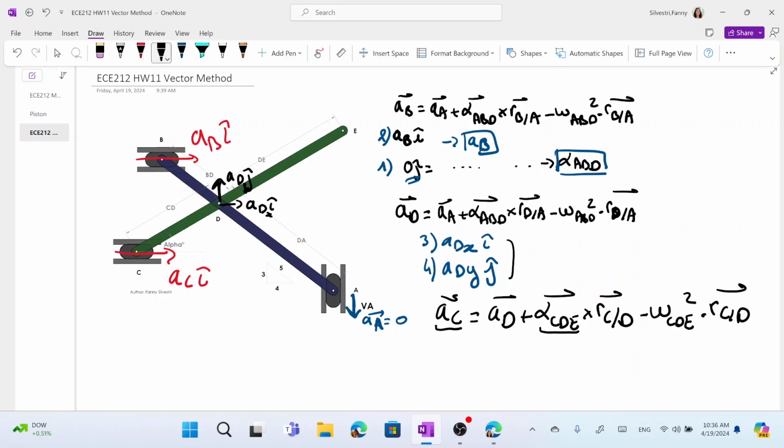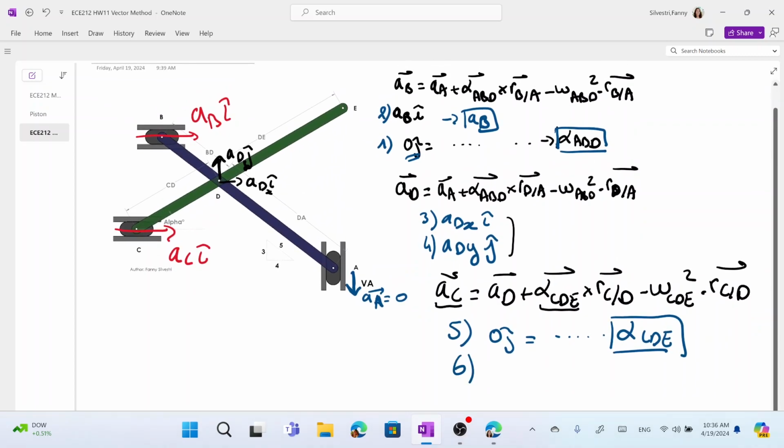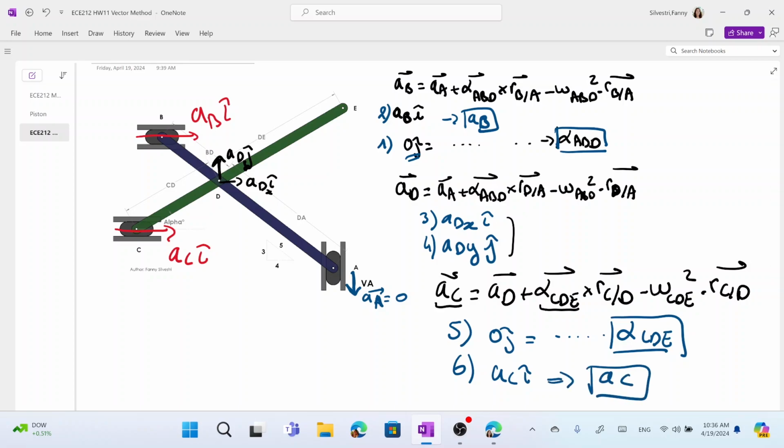So we will use equation number 5. We will use the equation on J hat because we have 0 on J hat. That's equal to the only values that we know except alpha CDE. So we solve for alpha CDE. And step number 6, we use the AC on I hat, and we find the value of AC, the magnitude of AC.